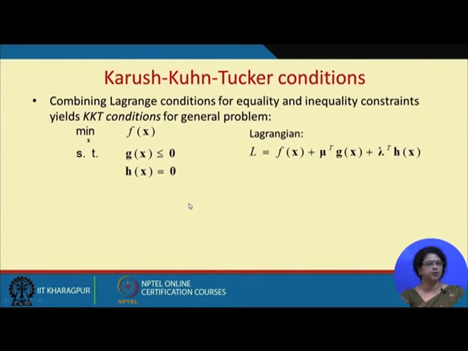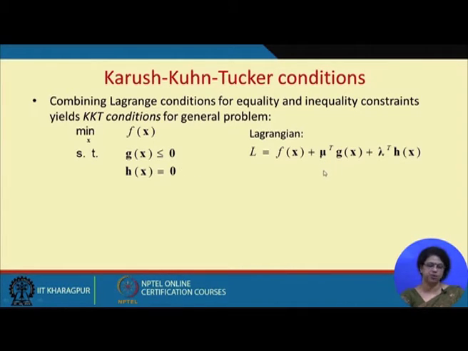Here also the same thing, we will formulate the Lagrangian function where L is equal to f(x) plus mu into g(x) plus lambda into h(x). Since h(x) are all the equality constraints, the corresponding multiplier we call a Lagrange multiplier, and where we have the inequality constraint we call it the KKT multiplier.